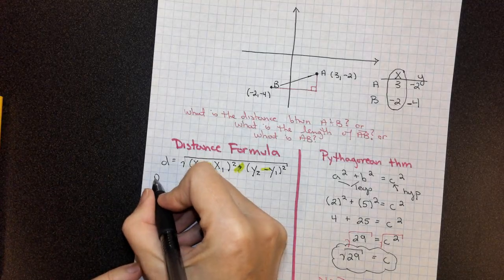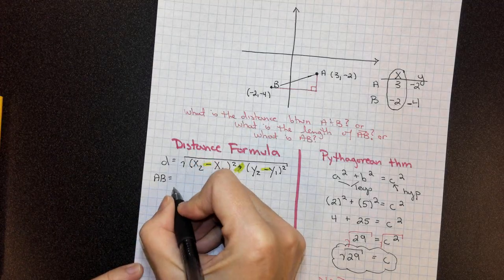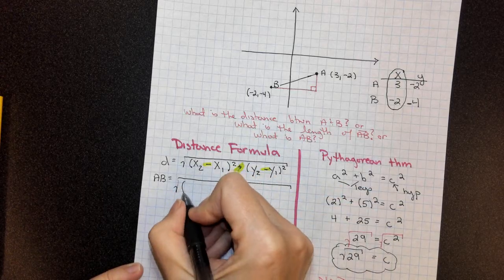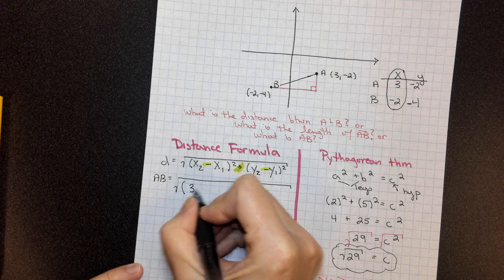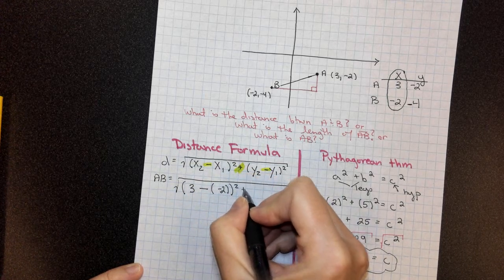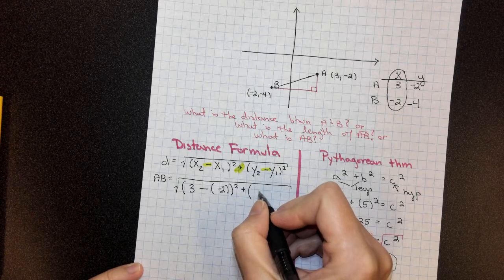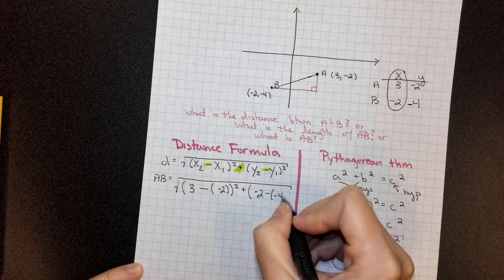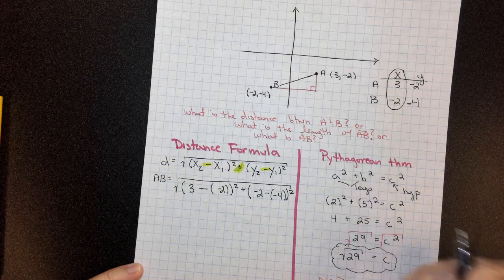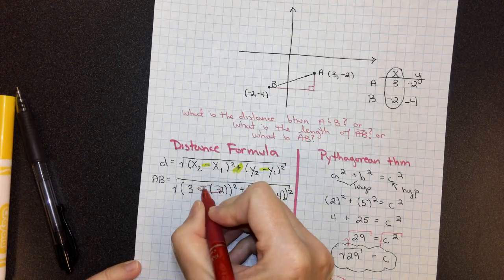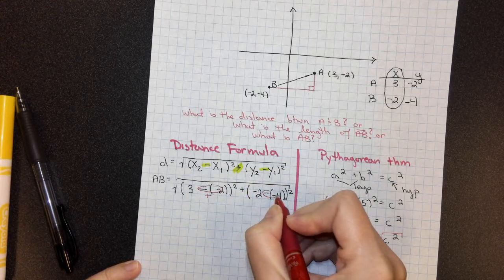So the length of AB equals the square root of, parentheses, 3 minus -2, squared, plus y sub 2, which is -2, minus -4. I look at my problem and notice that I have minus negatives, so those become positive signs.